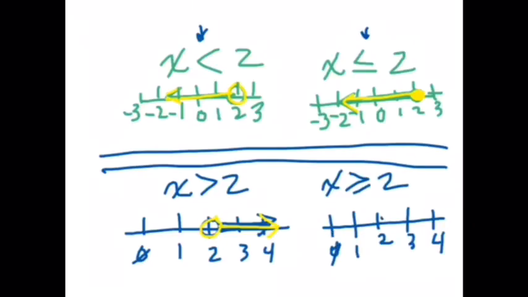This time we're going to solidify our marker on 2 because it does include 2. We have a solid dot on 2 on the number line, and our line going in the positive direction. And that says x is greater than or equal to 2.